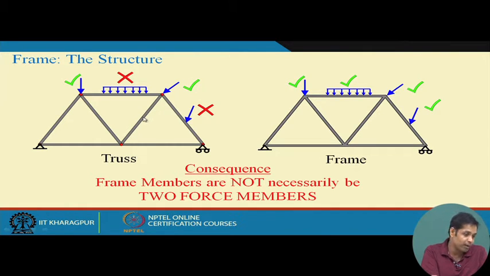If you take a member out from the truss, the only forces you have are the two collinear forces at the two ends, equal and opposite. That makes our analysis easier. But in a frame, since those restrictions are released, the members are not necessarily two force members. Then what is the characteristic of those members?